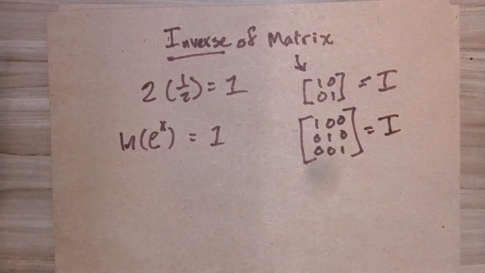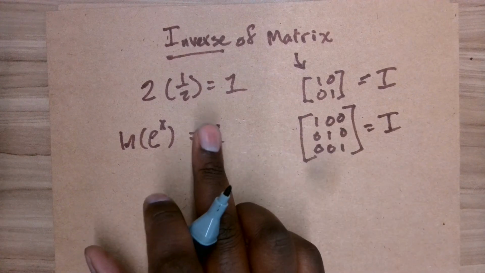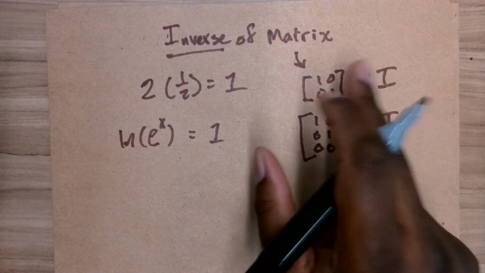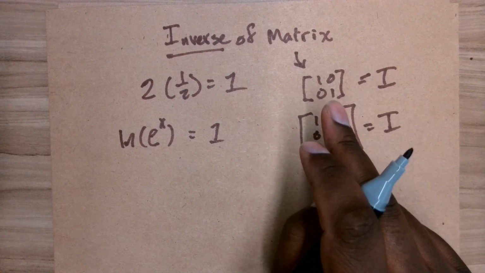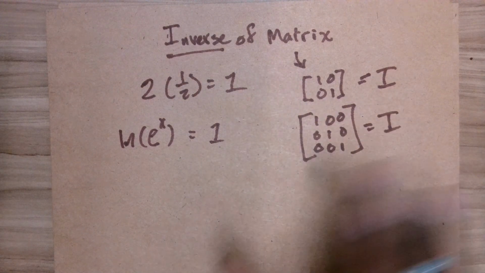Think of this matrix as representing the number 1 in natural numbers. Does that make sense? If I multiply a matrix by its inverse, I get the identity, and I'm going to prove that in a minute.